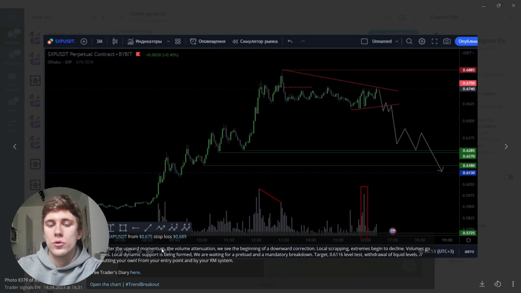After the upward movement, we see the beginning of a downtrend correction. At this stage, we see that buyers were getting weaker and weaker, and the sellers were gaining momentum. The breakout of this slope that was a kind of support was the sign for the beginning of the local correction.